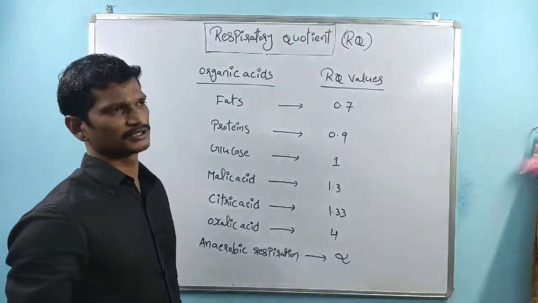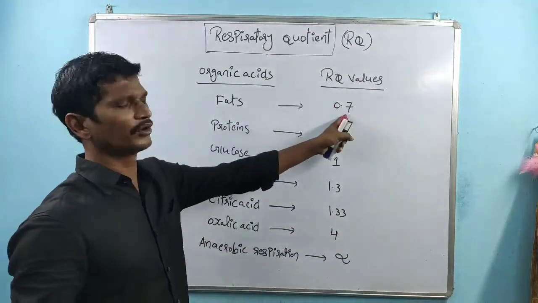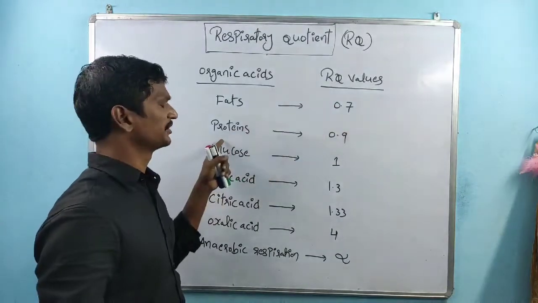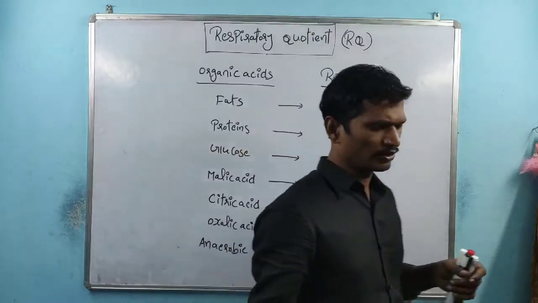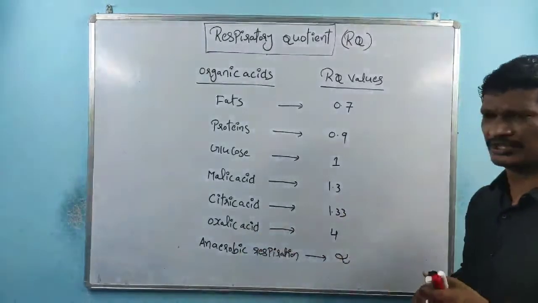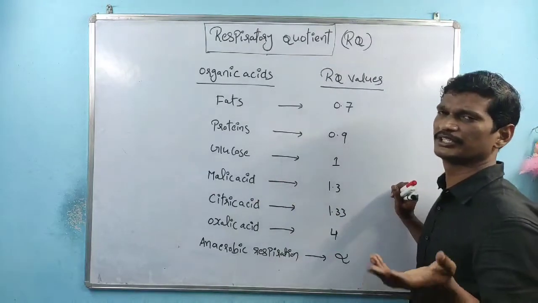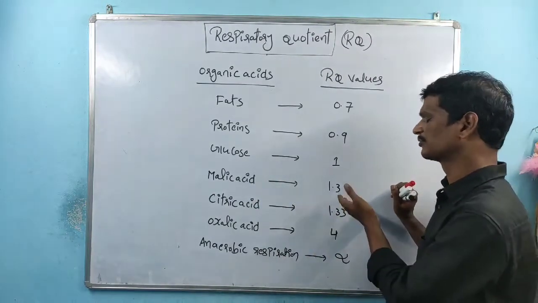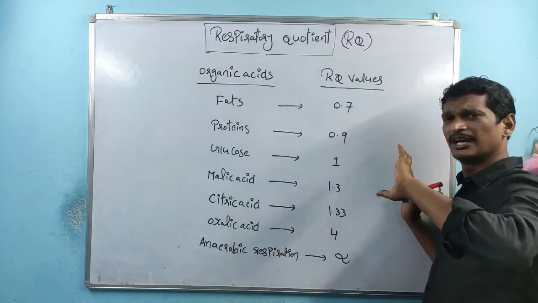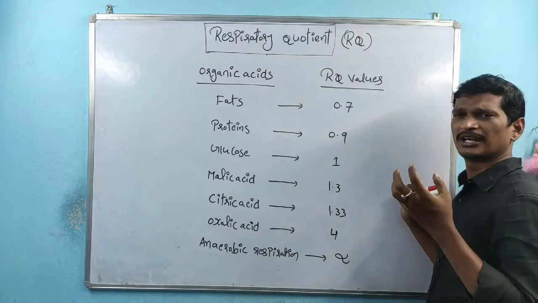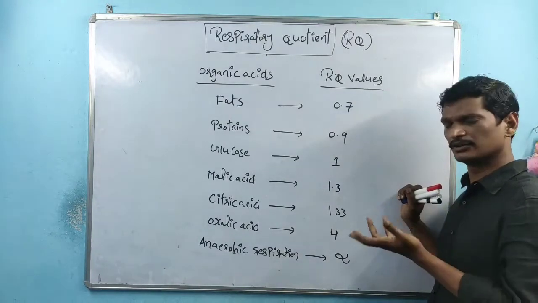See these examples. The values are also very important. Fats, we already know 0.7 RQ value. Proteins 0.9, right? Glucose is 1. We know the carbohydrates RQ value is 1. See malic acid. This is a component we see in the TCA cycle. The RQ value is 1.3, right? Based on the carbon dioxide evolved and oxygen consumed, we are calculating.